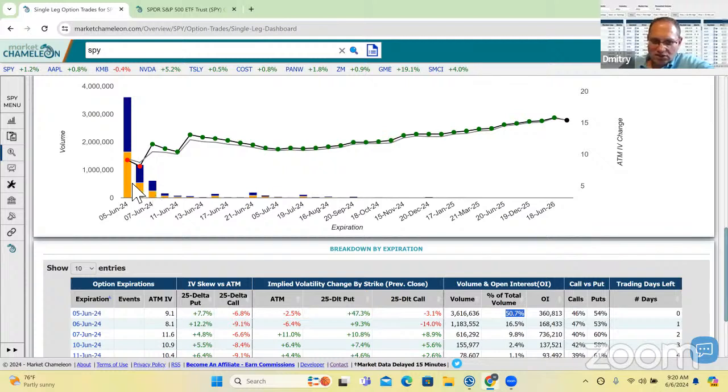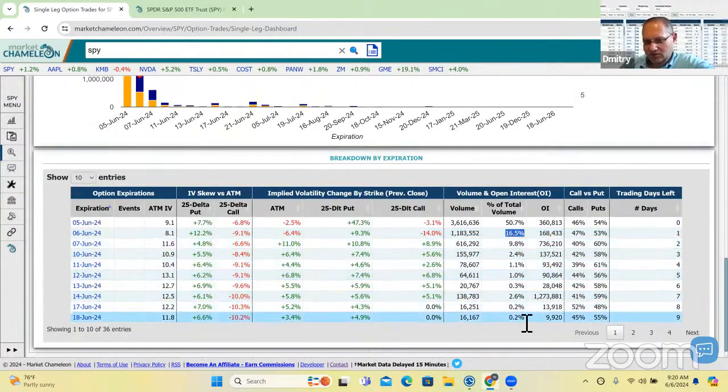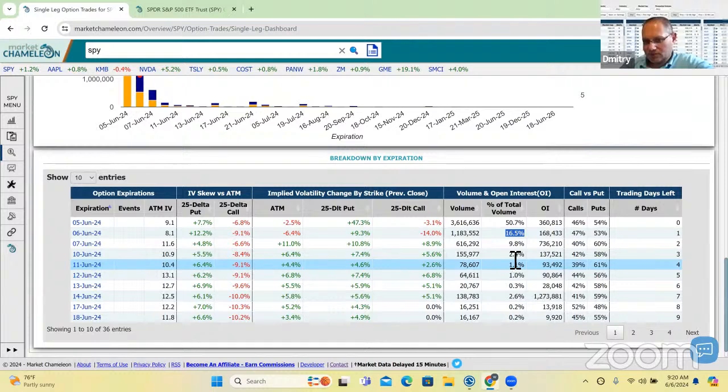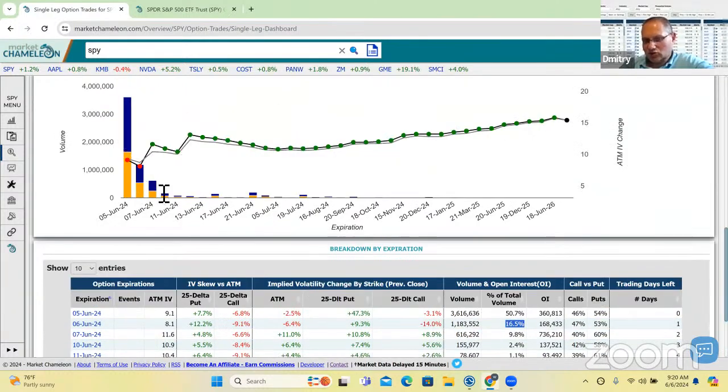Then the next one you could see is June 6th, one day to go. That will be today's. That was 16.5%. And you could see we have the table here. It keeps tapering off. So it's very loaded towards the very short term options.